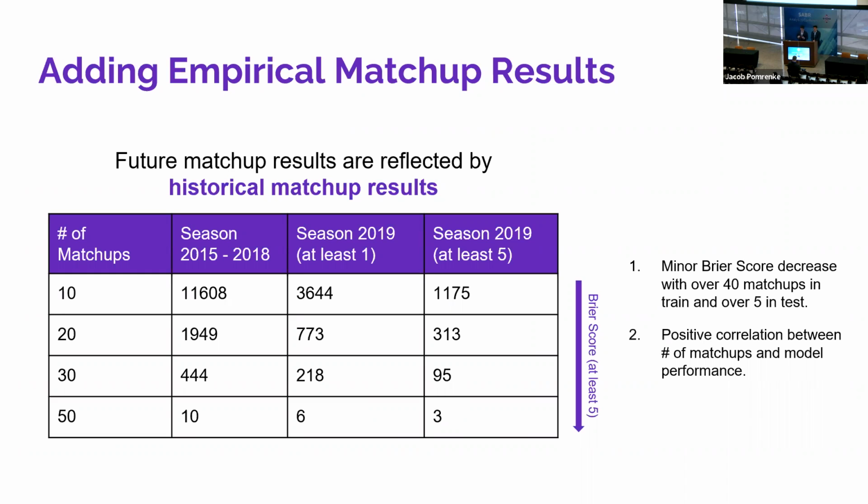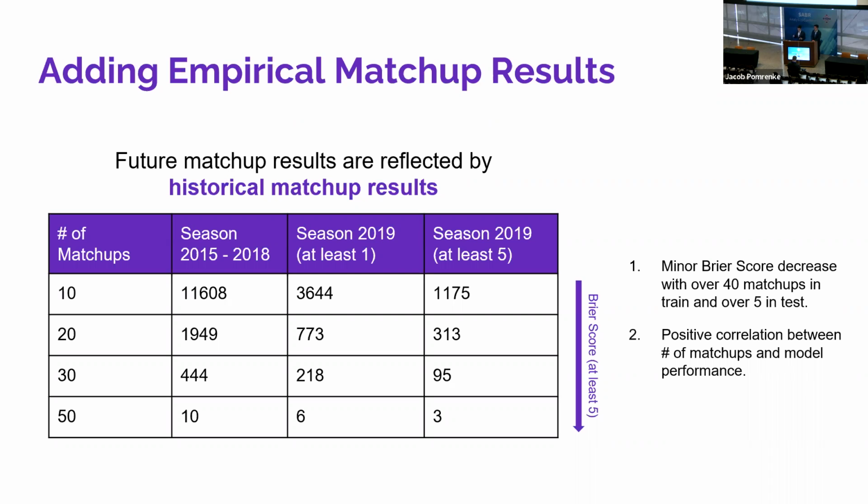Here, for matchups that happened more than 10 times in the seasons 2015 to 2018, there are 11,600 of them. Of those, 3,600 appeared in the 2019 season for at least one matchup, and only 1,100 appeared in 2019 for more than 5 matchups.